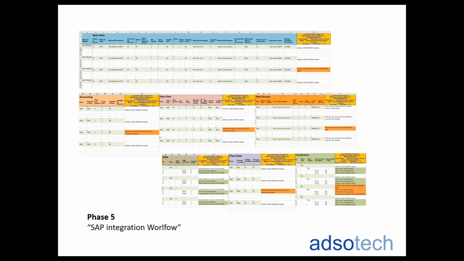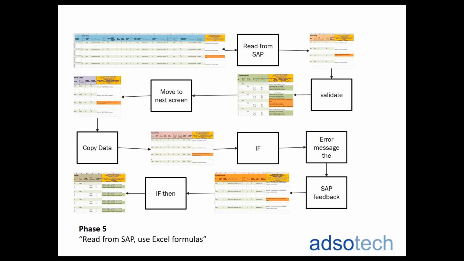After that, we start the next one, read something from the SAP, and every step of the SAP integration, even a complex one, is here in this one Excel. Imagine if you would start doing it in Blue Prism or any other RPA tool, it would need a very complex workflow with a lot of if conditions and so on.